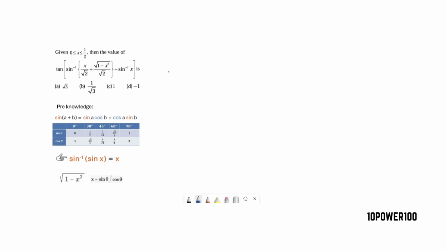Now let us solve the problem. So as I told you earlier, in place of x, we are considering sine theta. x is equal to sine theta.